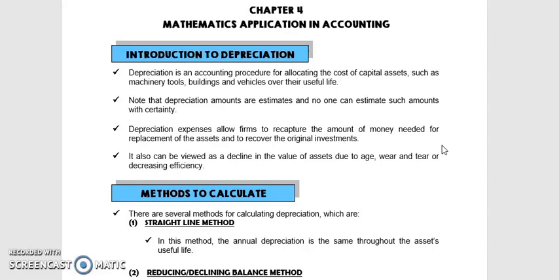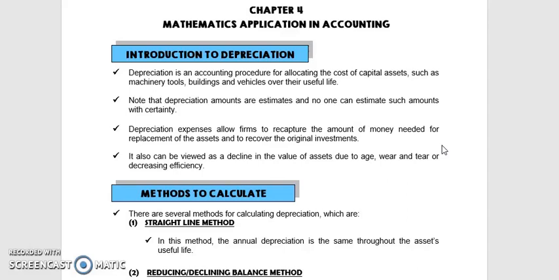For example, 1 lorry can be used for 10 years. So within 10 years you need to have savings in order to buy another lorry, since that first lorry can be used for 10 years only. That is meant by this point.